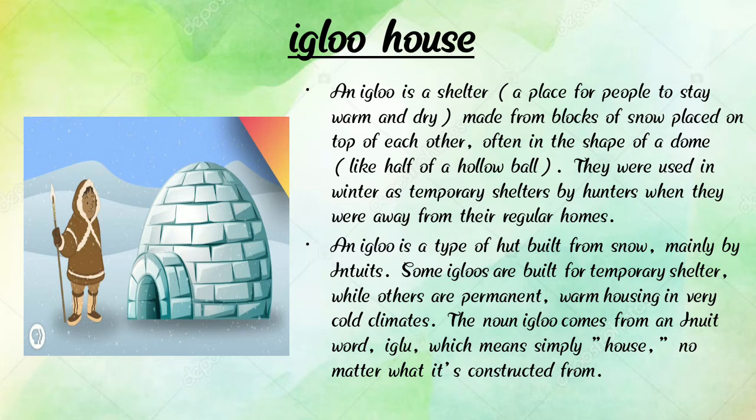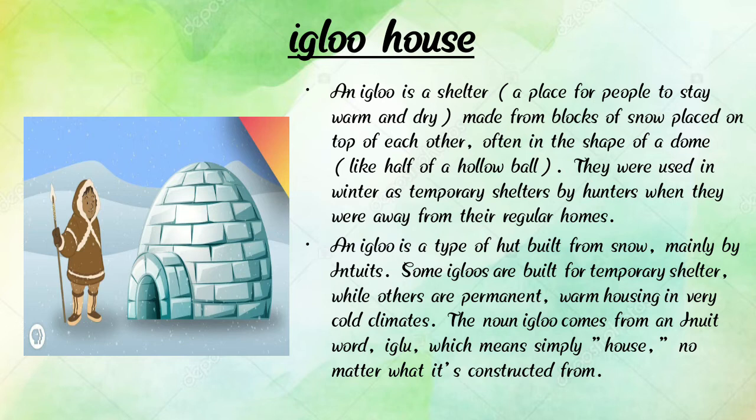We talked about stilt houses; now we will look at a very different kind of house built from blocks of ice, and it is called an igloo. This is a snow house and looks like a dome shape.